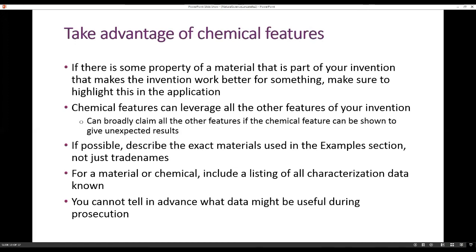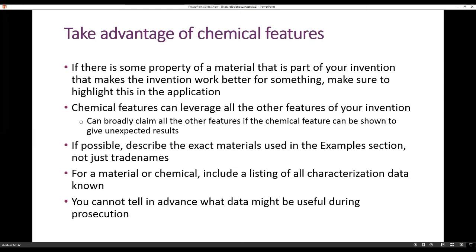So a couple general tips here, and these extend outside of exactly what I'm advocating in the presentation here. I think this is always good practice, but it will help you if you want to use some of the techniques here also. So it's very important, I think, in the example section that you do as good a job as you can describing both your starting materials and your product.